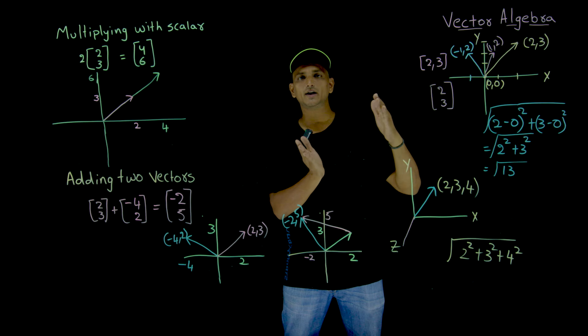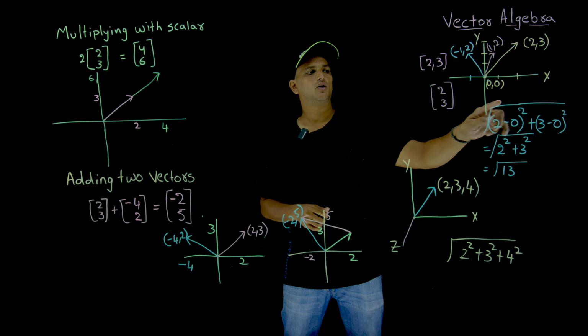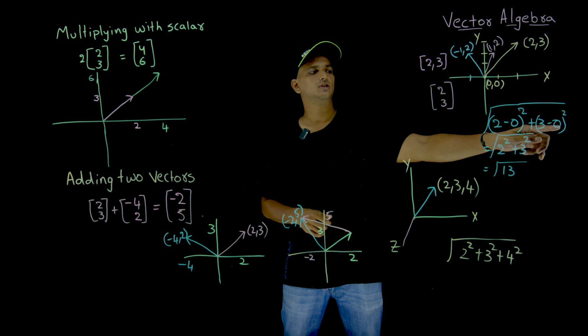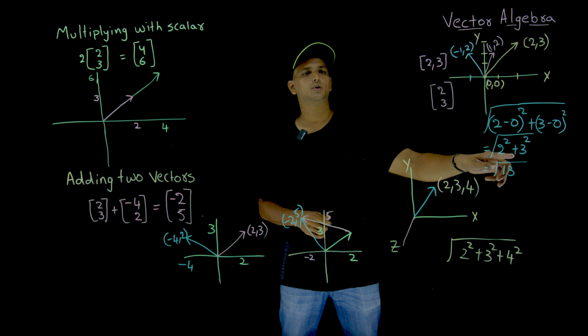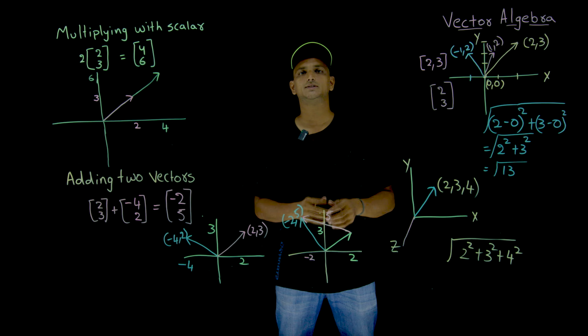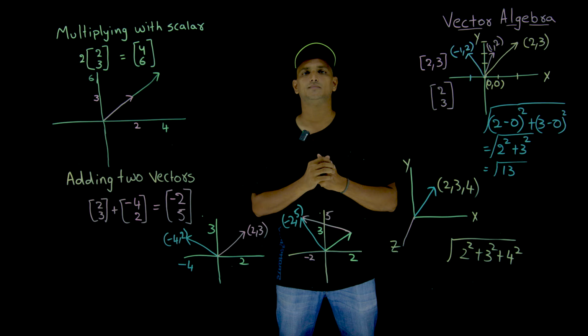The distance is the square root of (2 minus 0) whole square plus (3 minus 0) whole square. That is the square root of 2 square plus 3 square, which is square root of 13. This is the magnitude of the vector (2, 3).